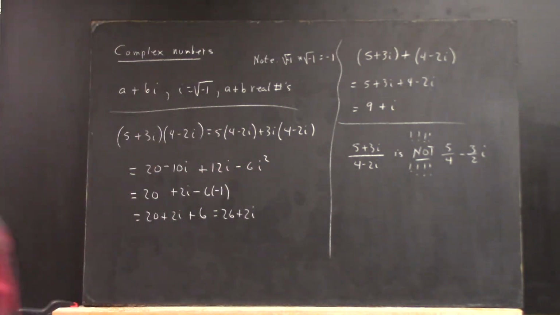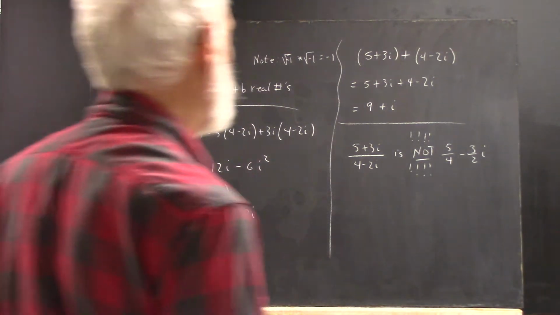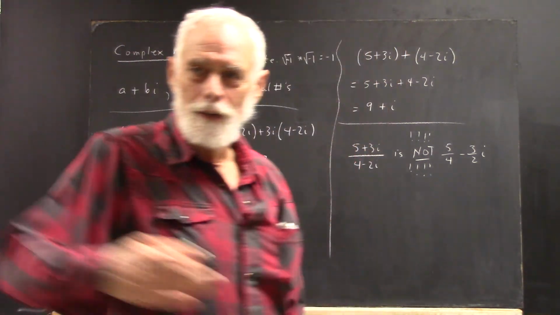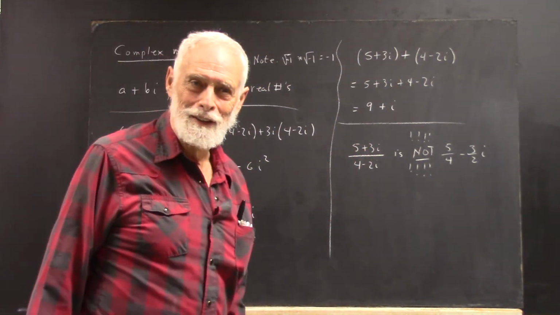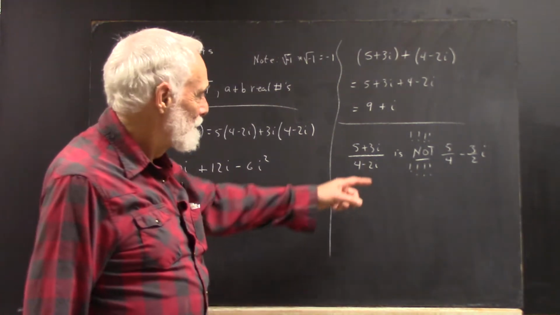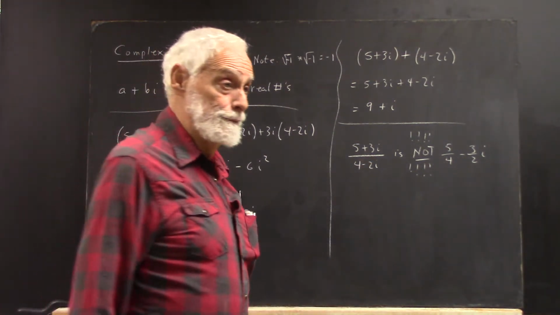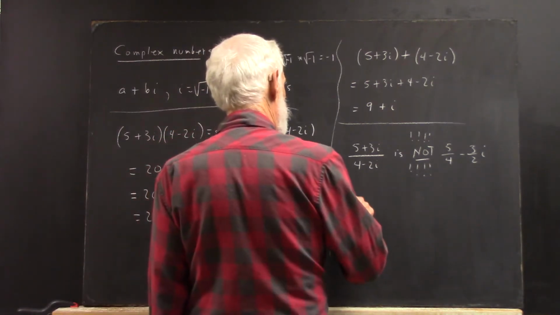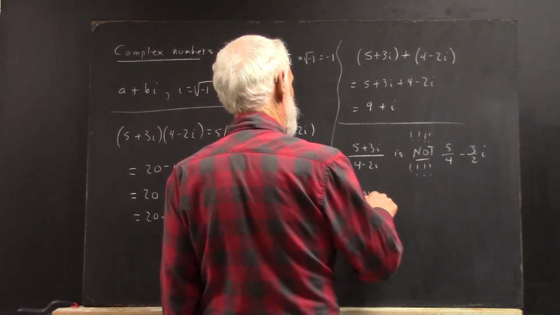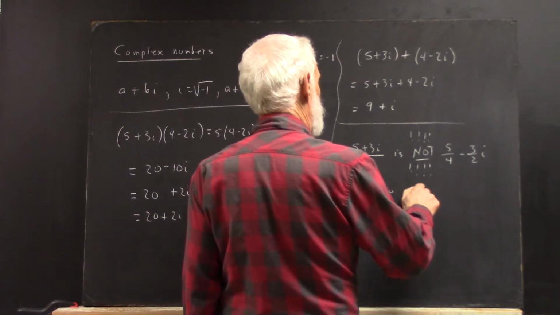Okay? If I'd been thinking, I'd have written it with something that flashed, but I don't have flashing chalk today. Okay. It's not this. How can I prove that it isn't? This is easy to prove.